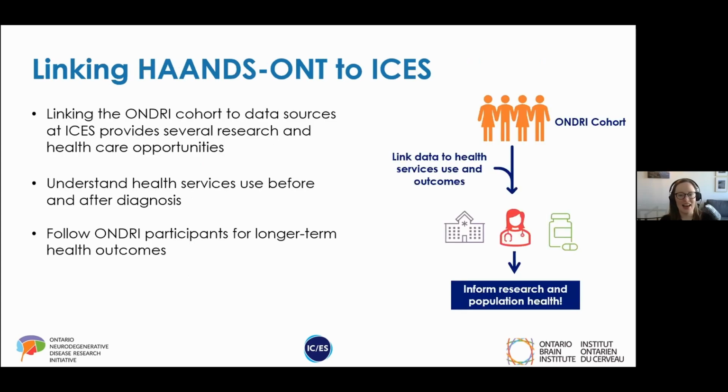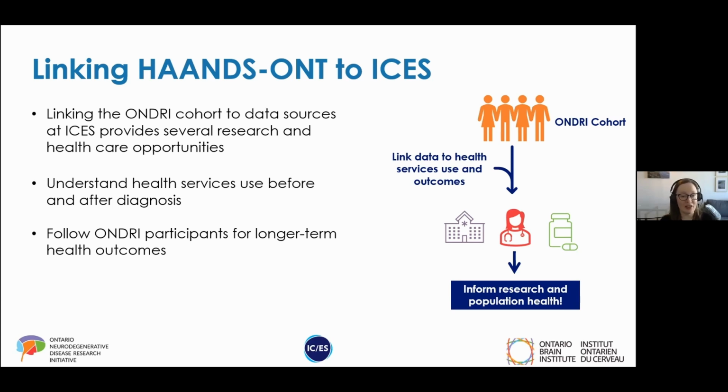So coming back to the idea of HANDS Ontario, how will the ICES or health administrative data be used? Well, it's going to be talked about next in greater detail, but we'll give you a bit of a snapshot here. So data from the HANDS Ontario participants, who are shown here in orange, will be linked using those anonymized health identifiers that Susan alluded to, to better understand health services use and neurodegenerative diseases and to look for long-term outcomes in this patient population.